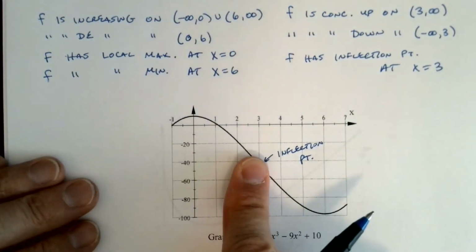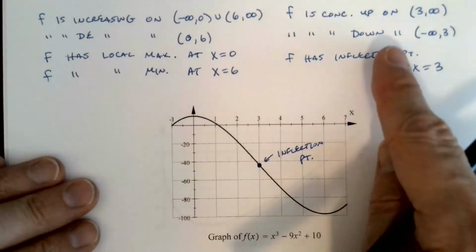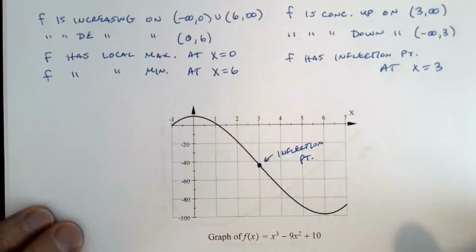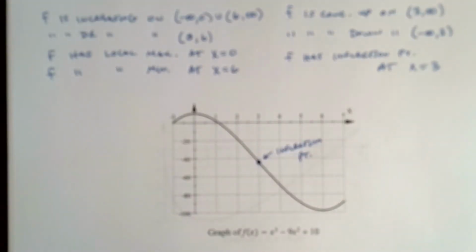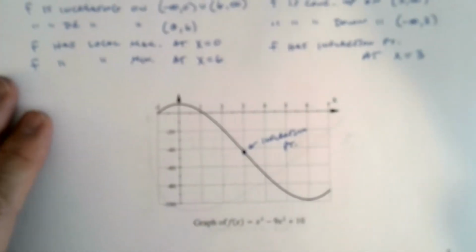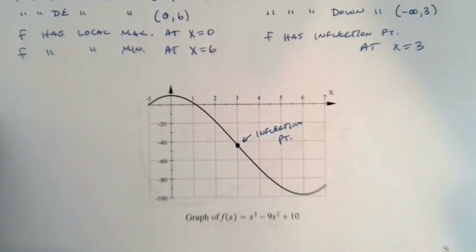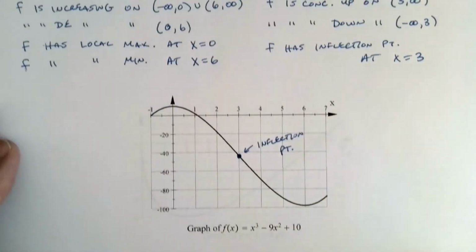Concave down for values less than 3, concave up for values greater than 3. So just confirming all that information as we look at the graph of the function.